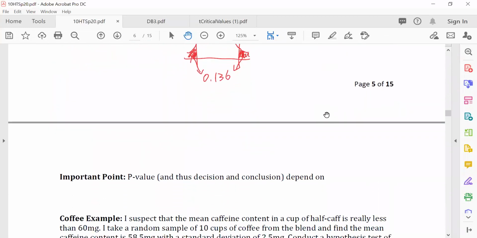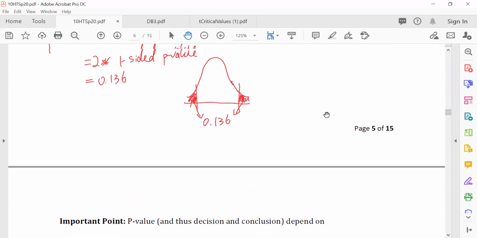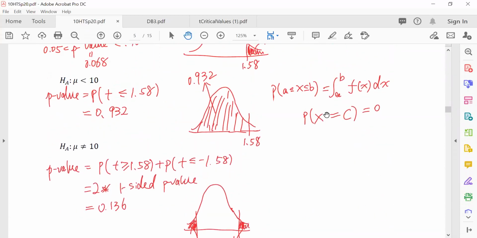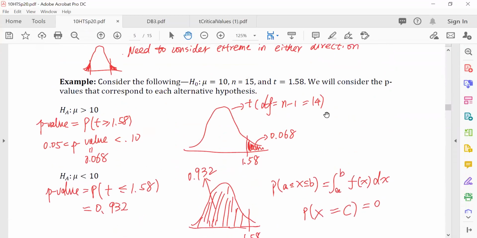So you can see that based on different alternative hypotheses, you will have different p-values. Thus, you will have different conclusions about your hypothesis, right? But your data is the same. It's the same data because you calculate the same test statistic.